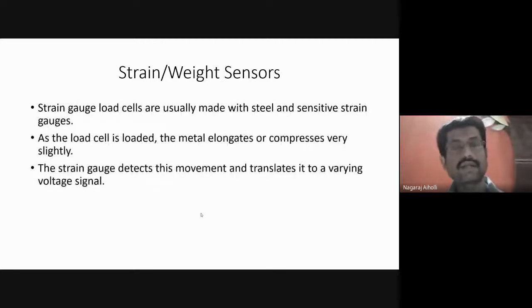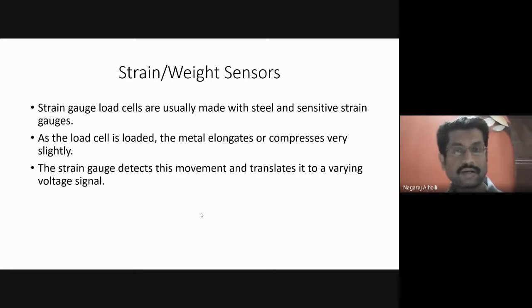Then there are certain sensors called load cells. Strain gauge load cells are made up of steel material and sensitive strain gauges. An example of these weight sensors is the weighing machines you see on the highways.